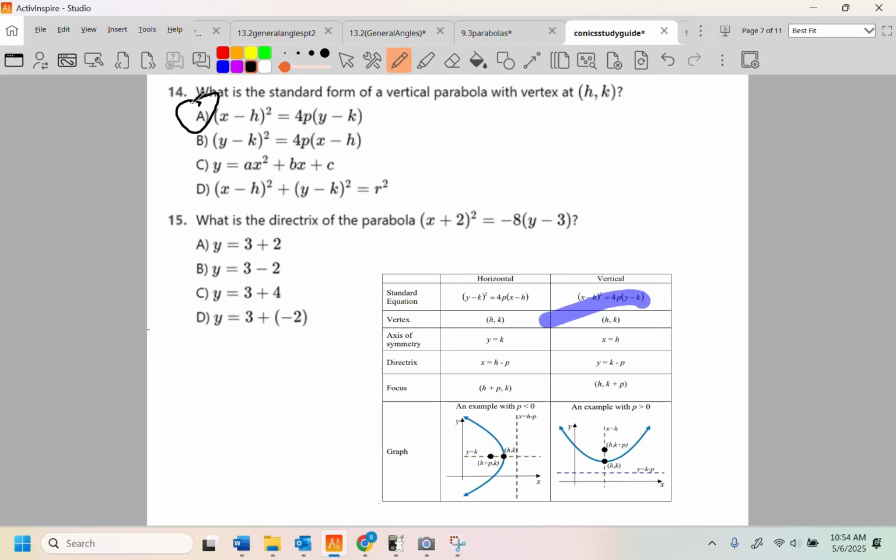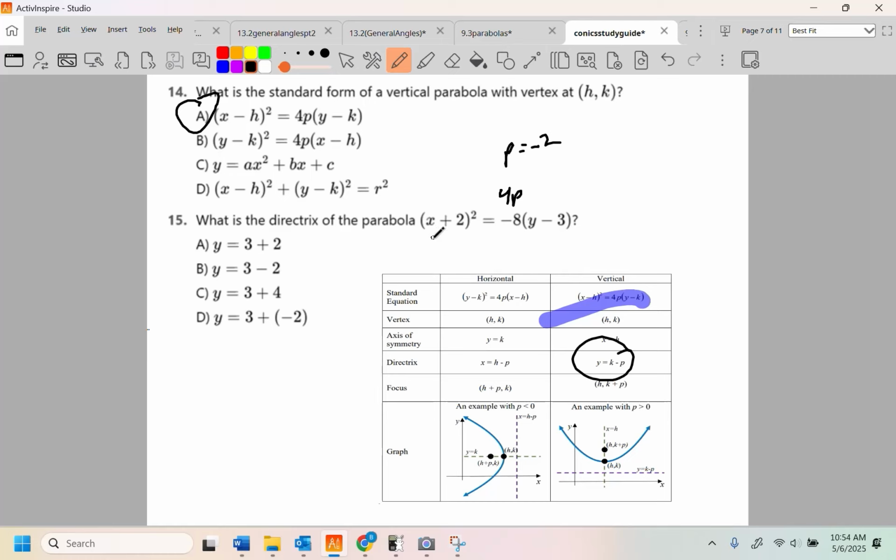All right, what is the directrix of the parabola (x plus 2) squared equals negative 8 times (y minus 3)? We didn't do any of these in notes, but it's going to be this form. Notice that this piece lines up with 4p, so p is negative 2. The directrix is y equals k minus p.